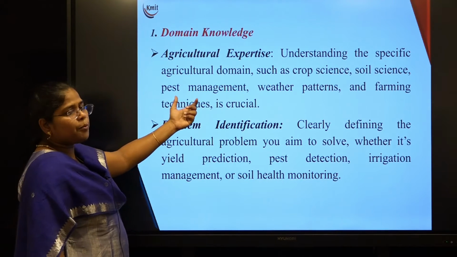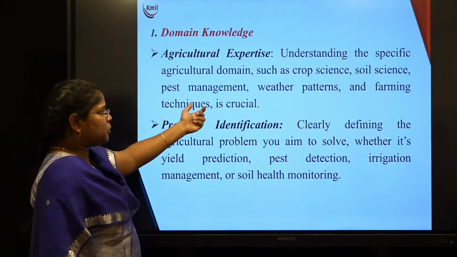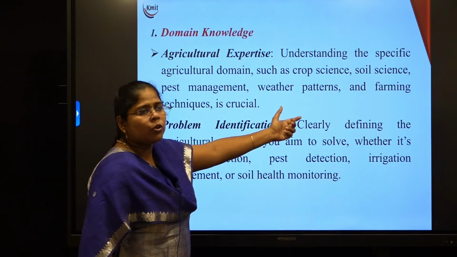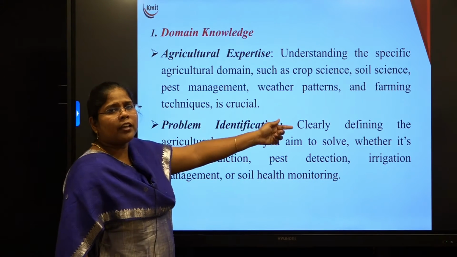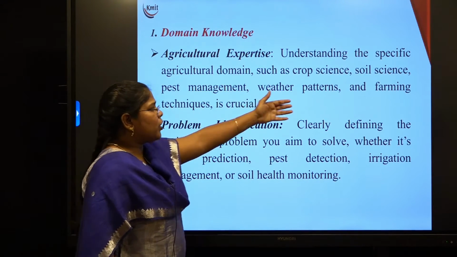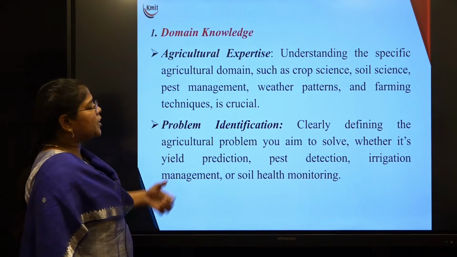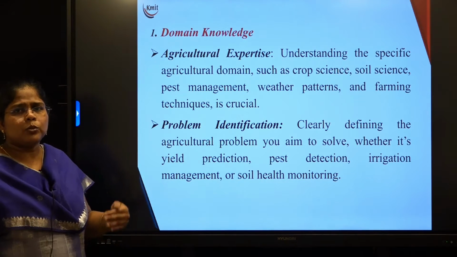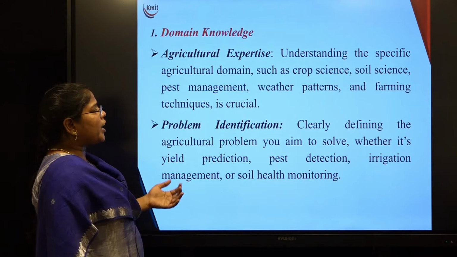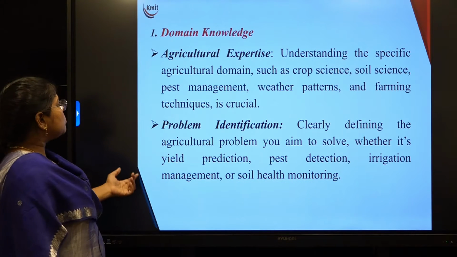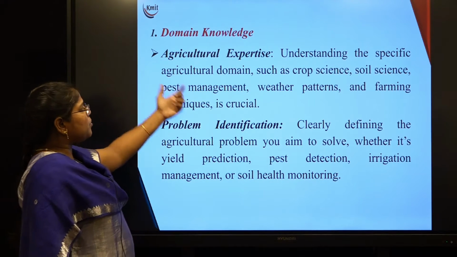Second, we should have pest management knowledge, and we should know the weather patterns in the particular location and the farming techniques that are used in both agriculture and horticulture.